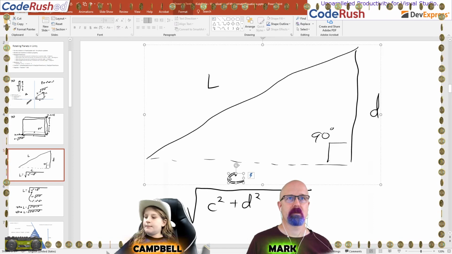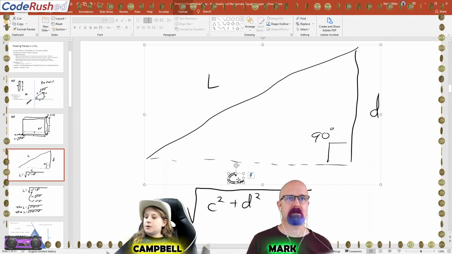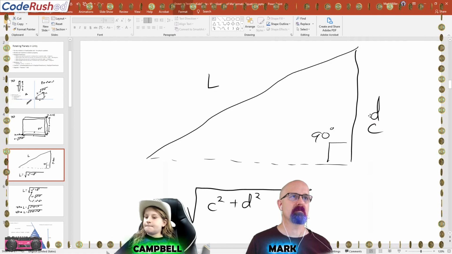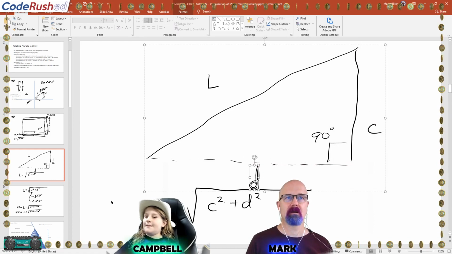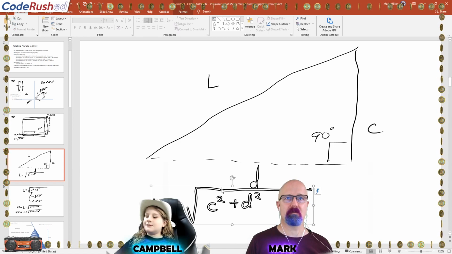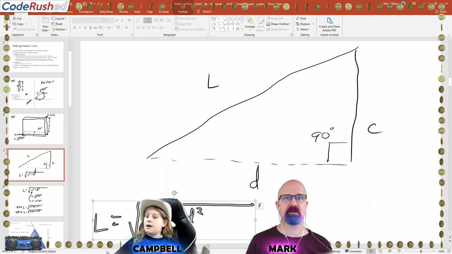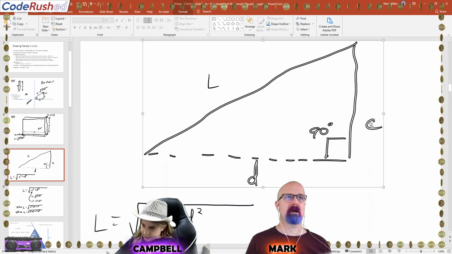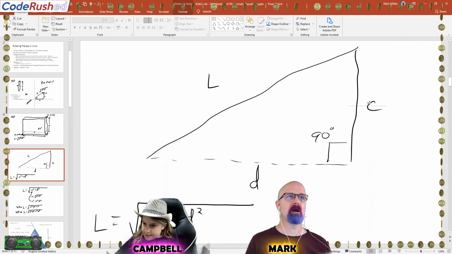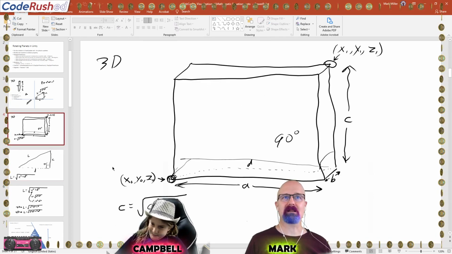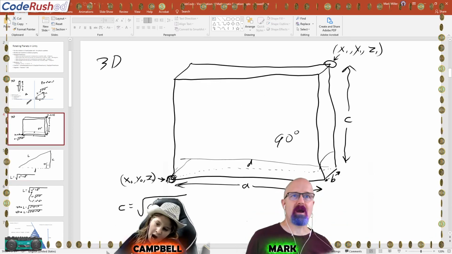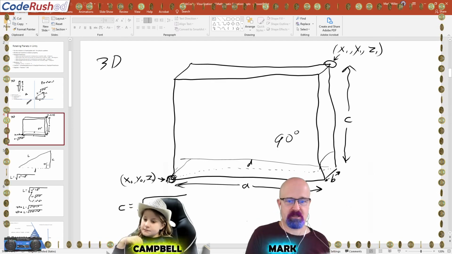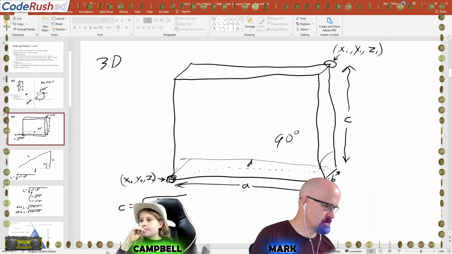I think I should be able to just grab this and move it, put that there, grab this one and put it down there, and then move all that down a little bit off the side. It's still true, right? We've got D across and the C up the side. Addition. Okay, so that looks cool. Exactly, Campbell. It's the deltas. So A is delta X, B is delta Y, and C is delta Z, or whatever our coordinate system is.